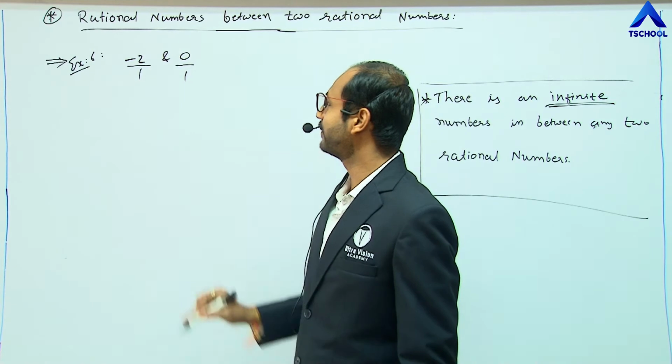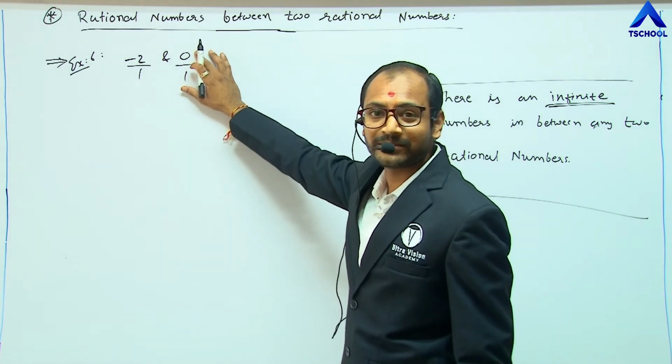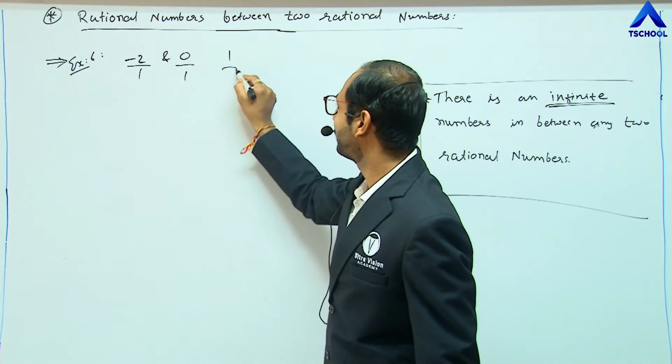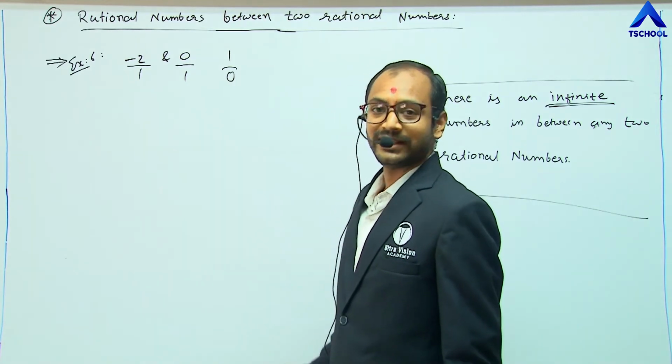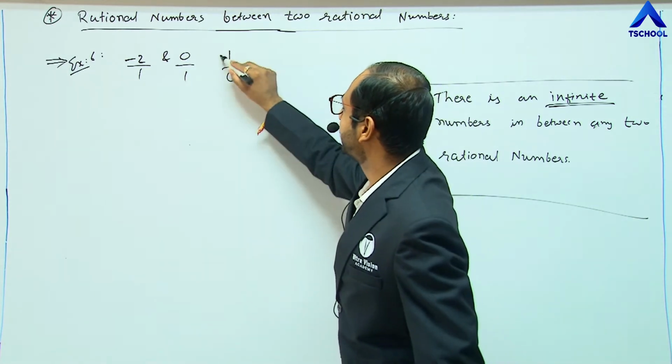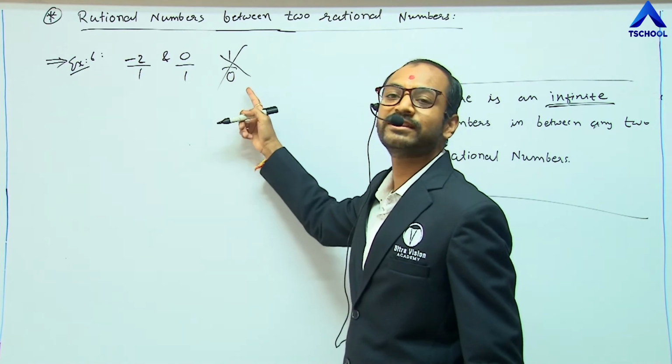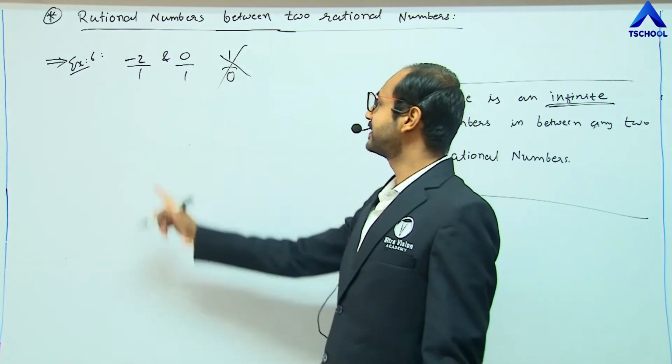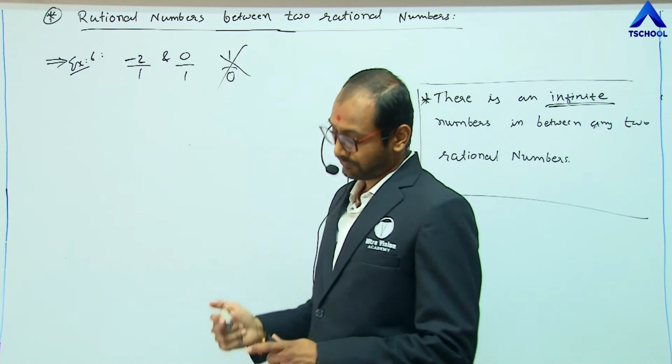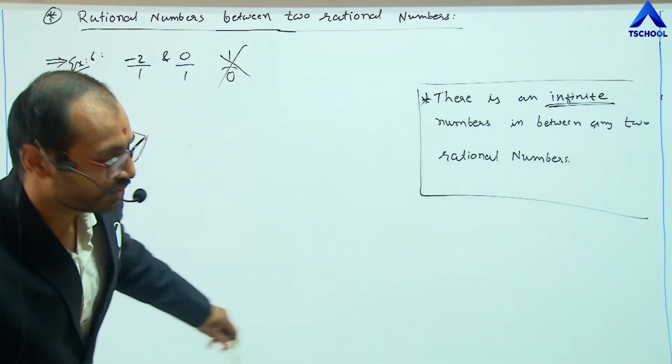Same way, 0 by 1, because 0 is also a rational number, but not 1 upon 0. That is the reciprocal of this number, and it does not exist in the rational numbers. So both numbers are rational, and we are finding how many rationals are between these two.